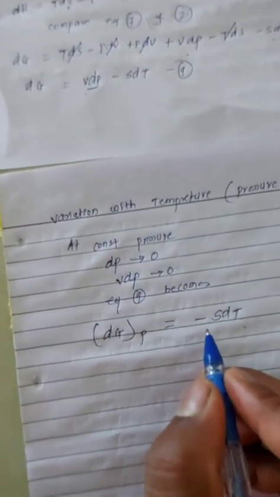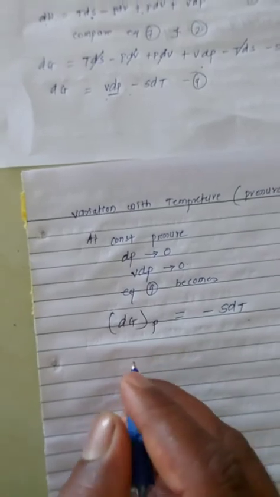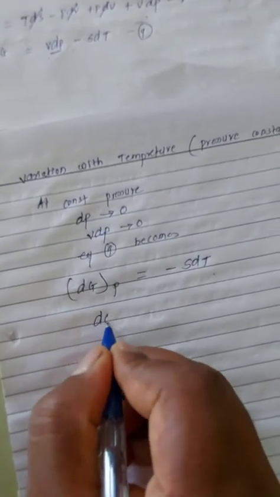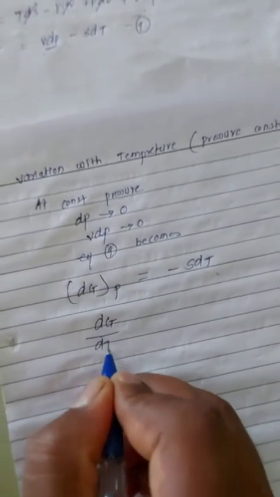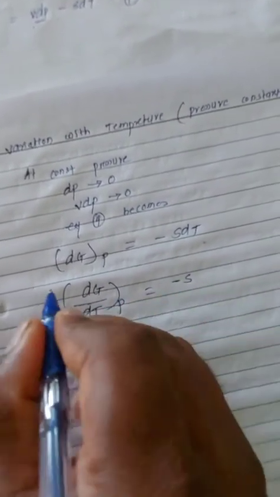Then it is also written as dG divided by dT at constant pressure is equal to minus S.